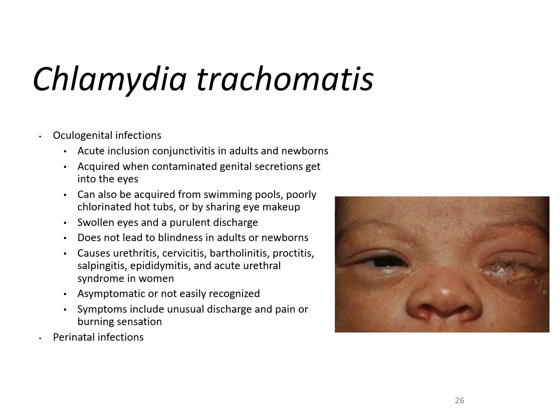Oculogenital infections infect both adults and newborns as a result of genital secretions that come in contact with the eyes. Some of the other ways that it can be transmitted would include swimming pools or hot tubs that have not been properly chlorinated, or through sharing makeup.